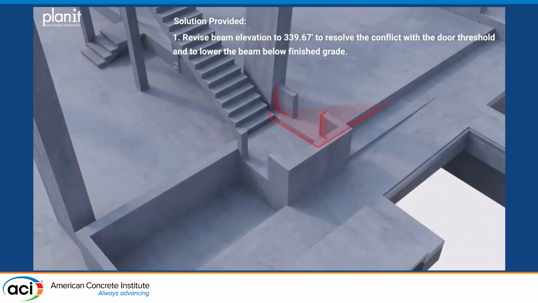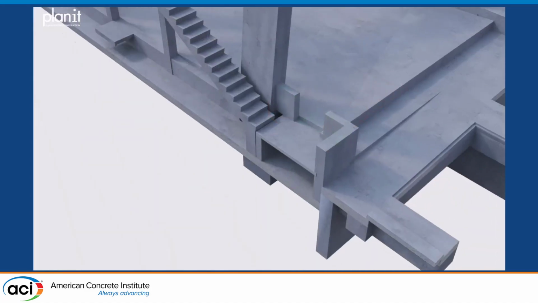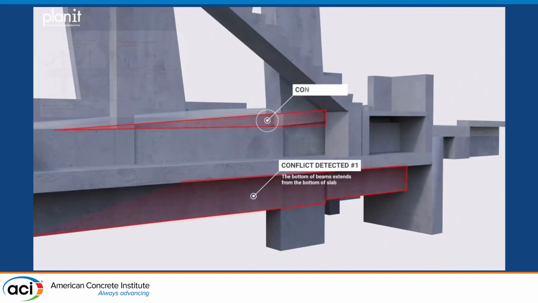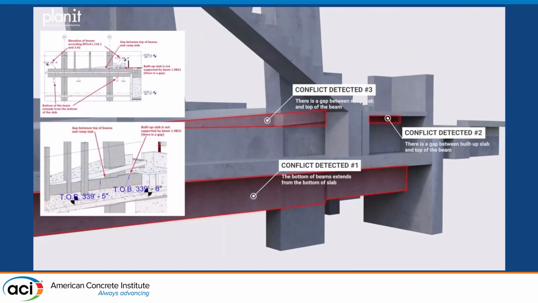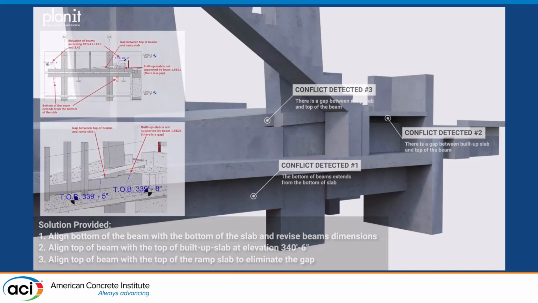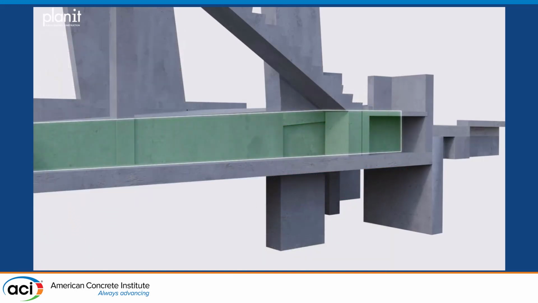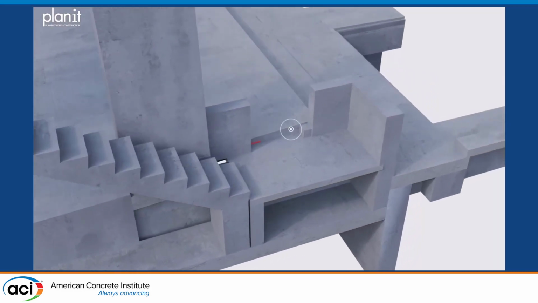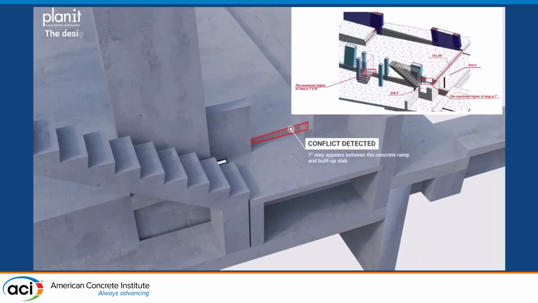Beams not aligned with openings, openings and ramps not aligned. Here's a beam that needs to support a ramp but didn't quite make it to the ramp, so that needed to be elevated a little bit. The beam was also not needed down there, so we lifted it up. Now it actually works. Structurally, the same thing.